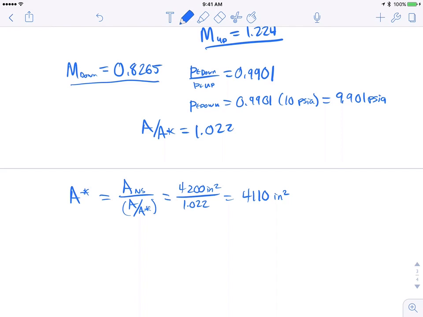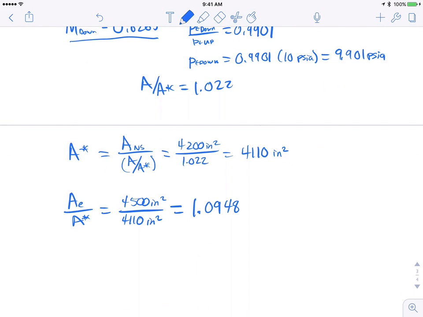And so based on this, our area ratio at the exit of the nozzle, area of the exit over A star, is going to be equal to 4,500 inches squared over 4,110 inches squared at the reference area. So we're going to have an area ratio there of 1.0948. So we go back one more time to our Mach number versus area ratio equation and solve for the resulting M8.